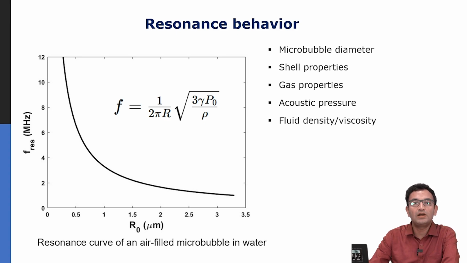Typically, the polytropic index of the gas matters as well. Then the acoustic pressure. It turns out if we go for the exact solution of this Rayleigh-Plesset equation and not just this linearized model, the acoustic pressure also plays a role in determining the resonant frequency. And of course, the bubble is oscillating in a fluid where the density and the viscosity of the fluid will also matter in determining the resonant behavior of the microbubble.